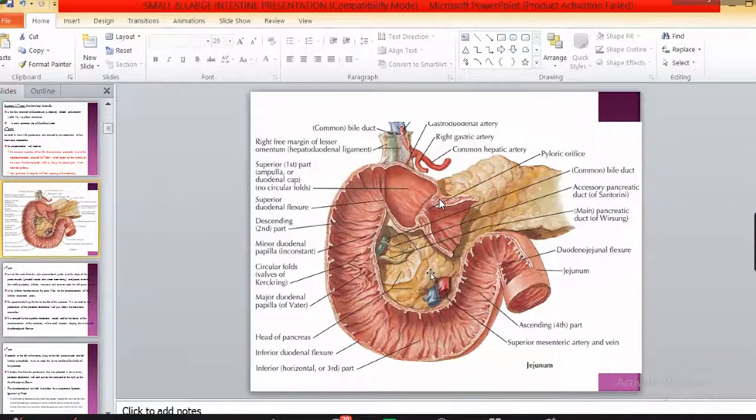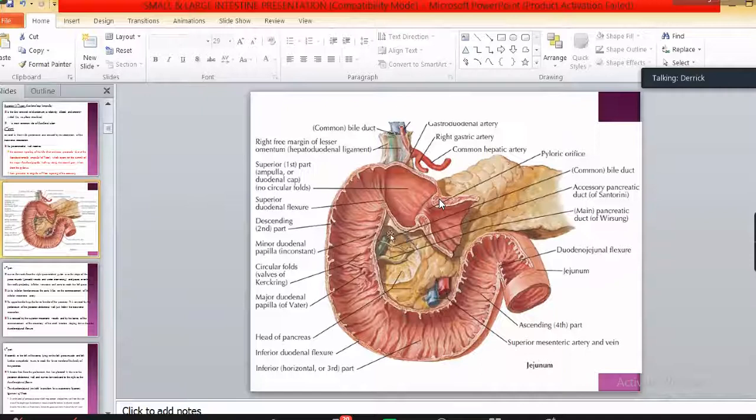Now this means that a patient who has cancer of the head of the pancreas and pancreatic duct will have drainage of bile through the common bile duct hindered.